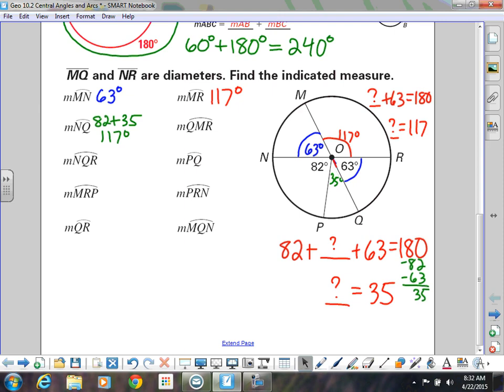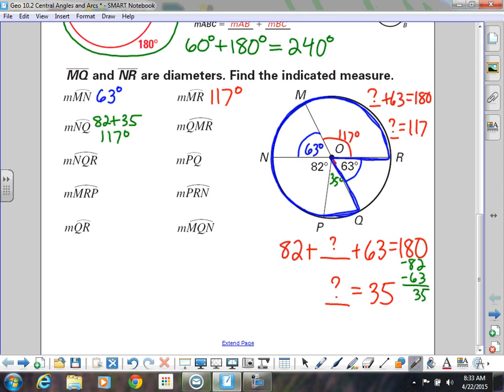All right, next one is QMR. For QMR, I have to go all the way around this way. That means I have everything except that little piece of the pie. Remember, we know that the whole thing is 360, and I'm going to subtract off that piece of the pie.